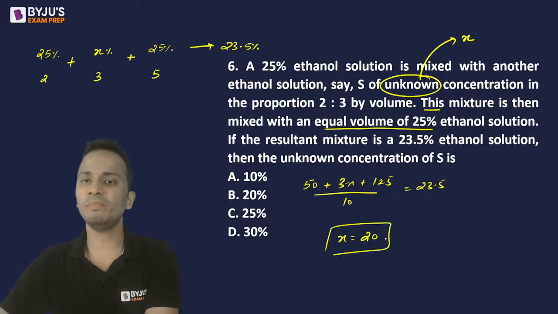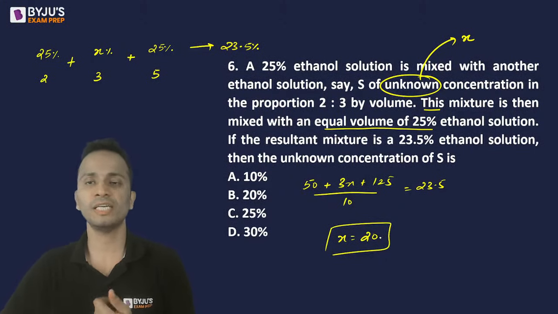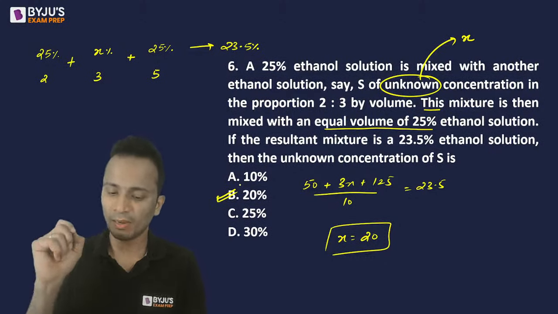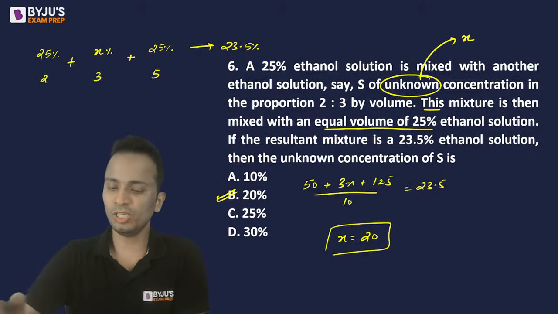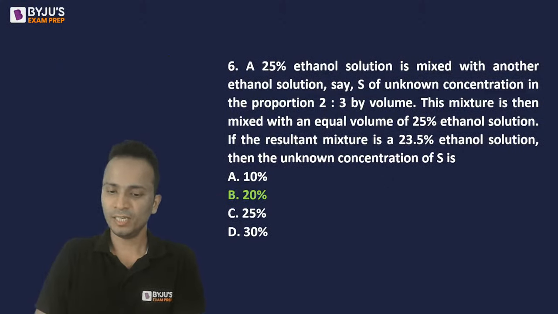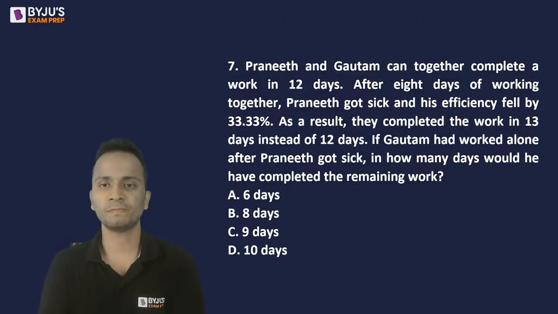So the unknown concentration of the ethanol solution is equal to 20. The correct answer is option B, and Monu Rawat is the only student who has given it. So that was question number 6. Without wasting any time, let's move on to question number 7.